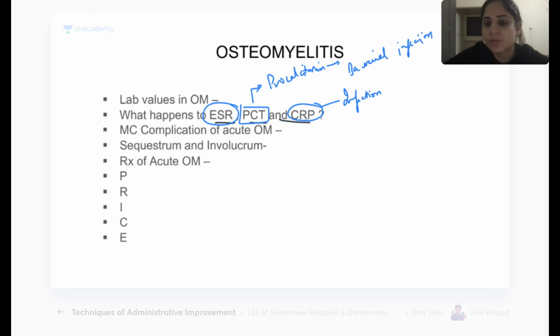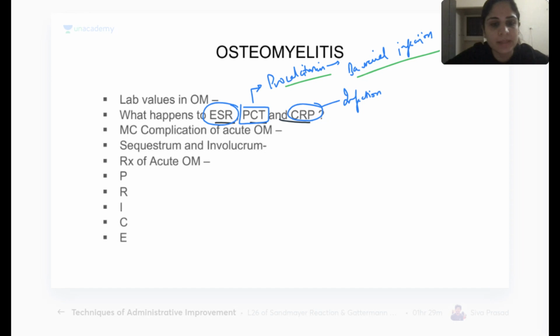So if procalcitonin levels have increased, that means you have a bacterial infection, and you can rule out viral and fungal infection. Any infection in the body that is bacterial in nature will cause a rise in procalcitonin levels. So you will know when to give antibiotics and when not to give antibiotics.